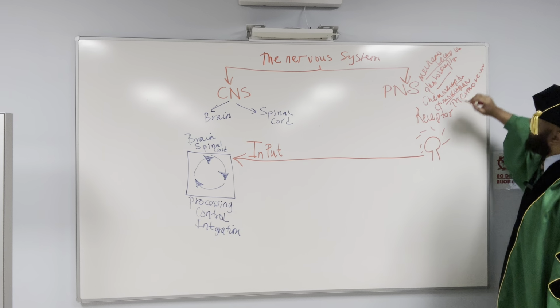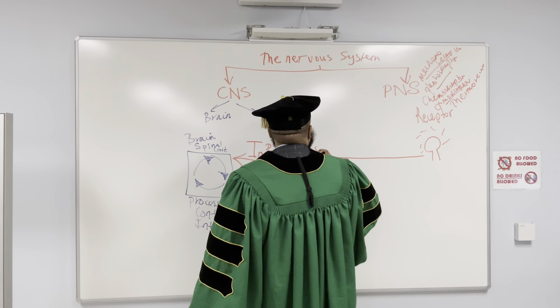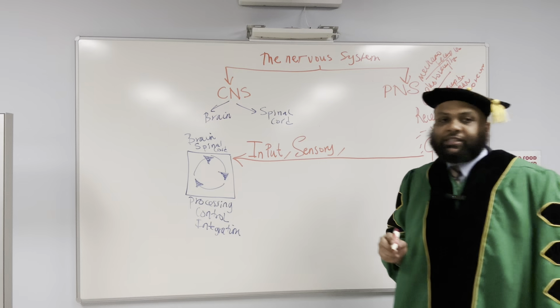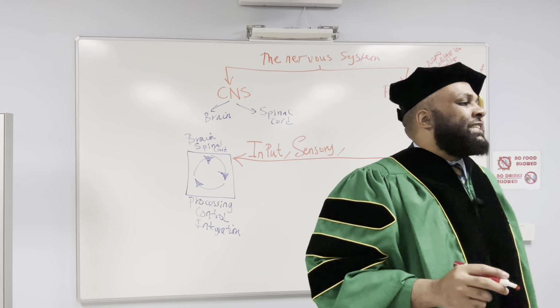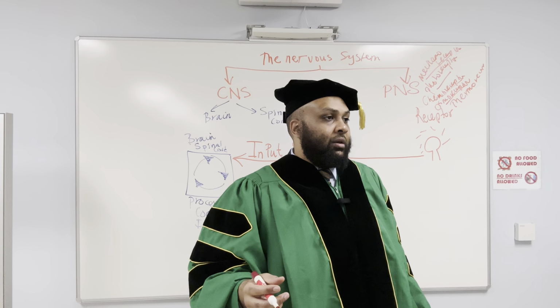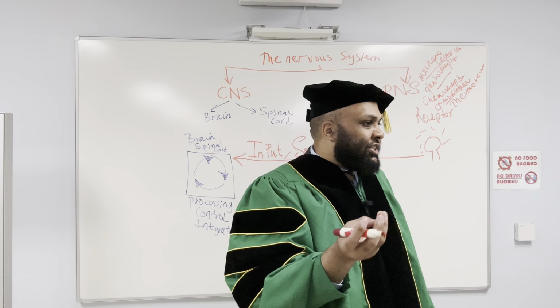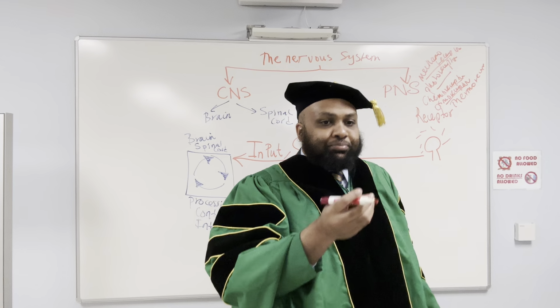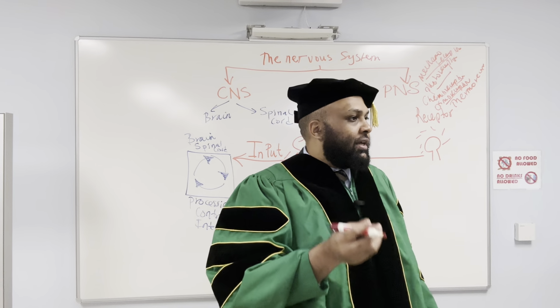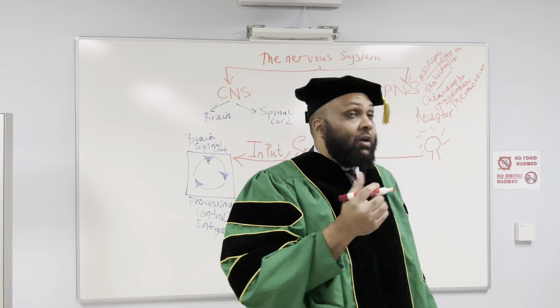The input is absolutely always what? The input is absolutely always sensory. Sensory input. It's a sensory input for sensation. Because the temperature, that's a sensation. Tasting the blood. Is it acidic? Is it basic? Too much sugar? Too much salt? That's chemoreceptor.